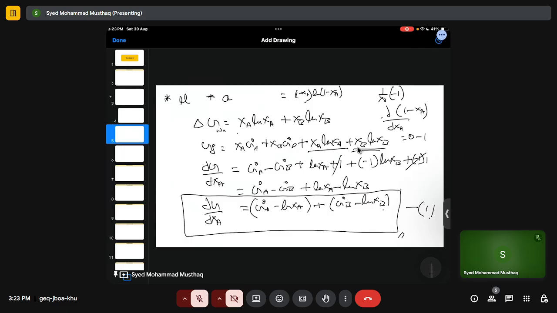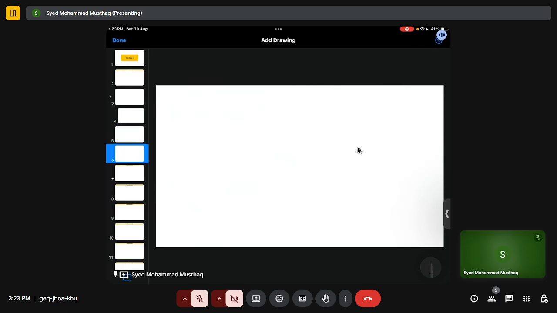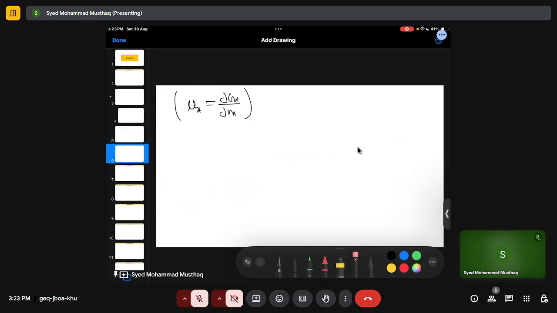Now we have defined that the chemical potential of a component is given by ∂G/∂N, the change in free energy when you add N_A moles.